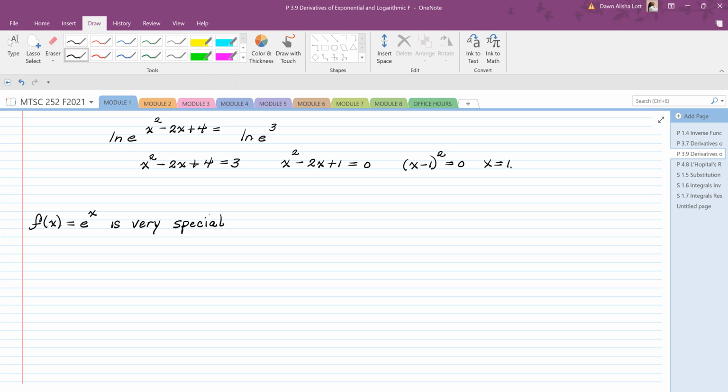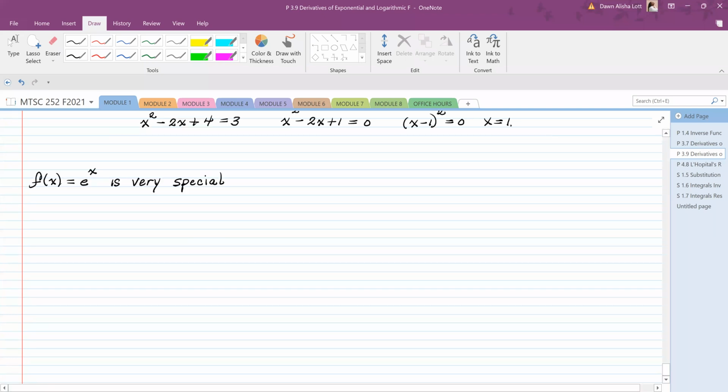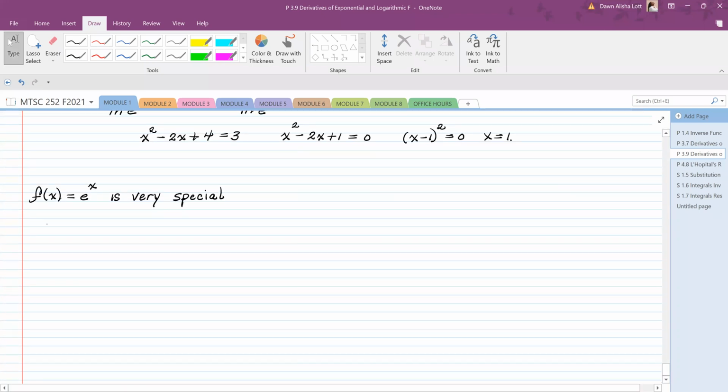So let's see, how do I figure that out? Well, let's solve dy dx is equal to e to the x. This is Calc 2, right?